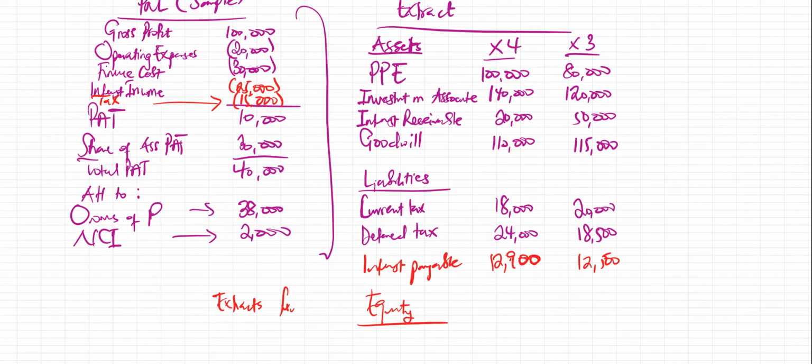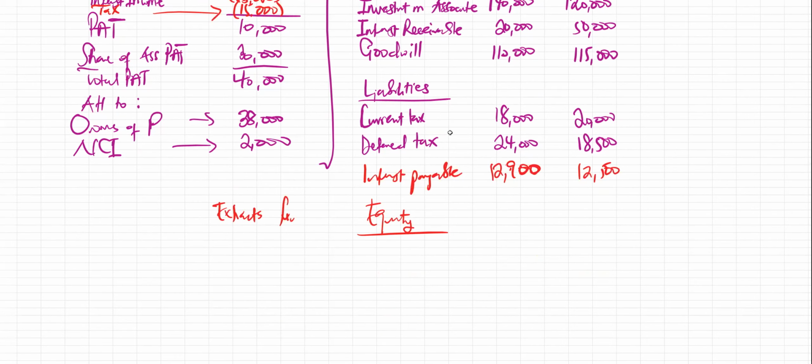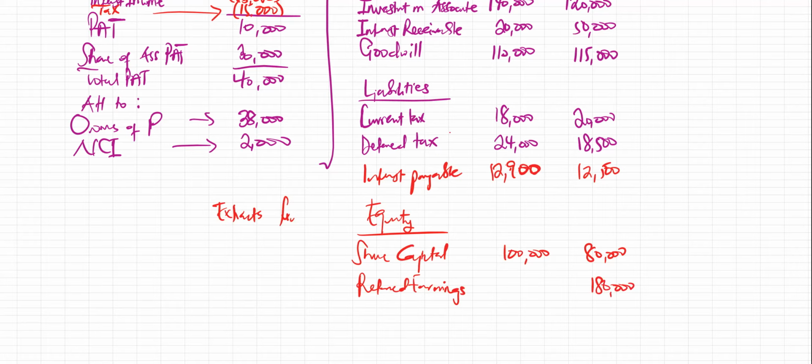So we have share capital, 100,000, 80,000. So we have retained earnings, 180,000, 100,000. Then we have our good friend, non-controlling interest.